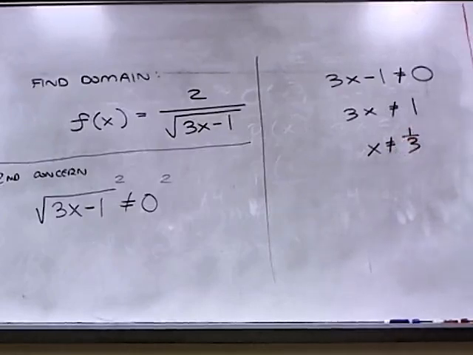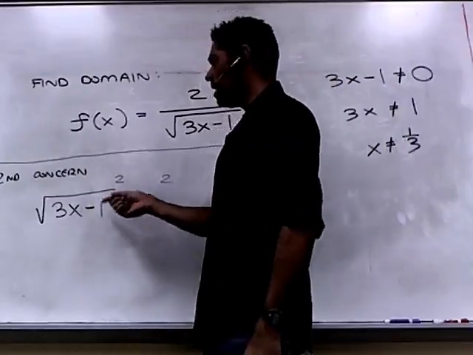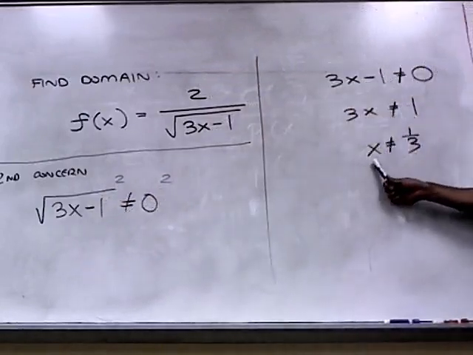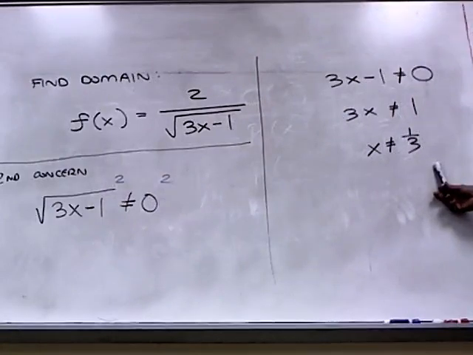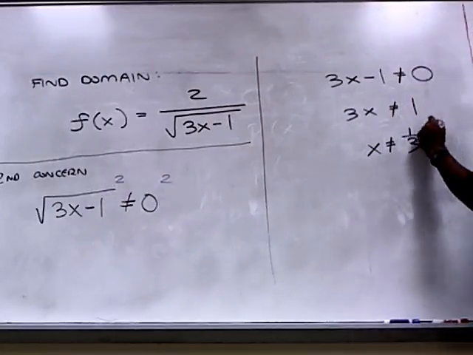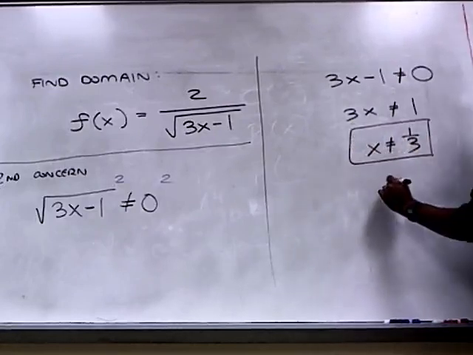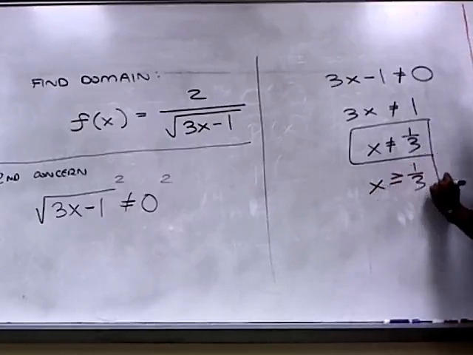So what we're saying is, in order to avoid division by 0, I need to make sure that x is what? Not 1/3. Do y'all follow that? What was the other thing from the first concern that we got? X had to be what? Greater than or equal to 1/3.